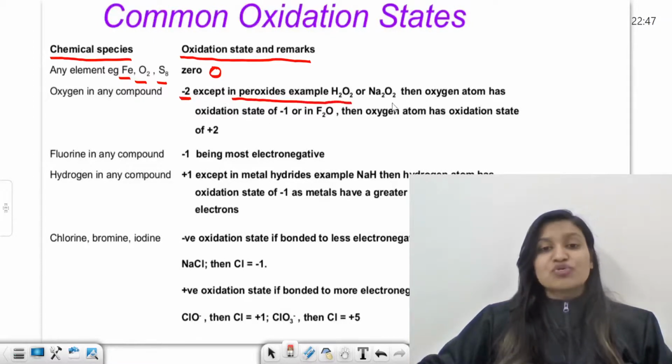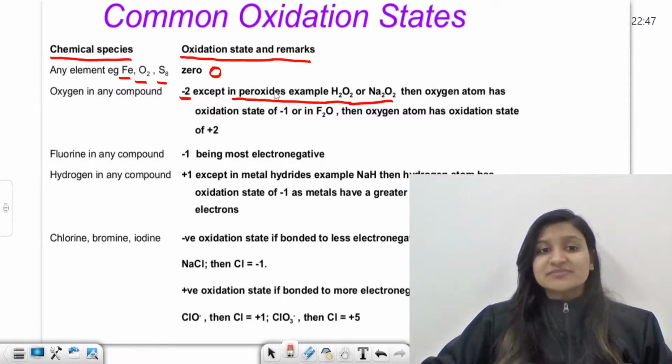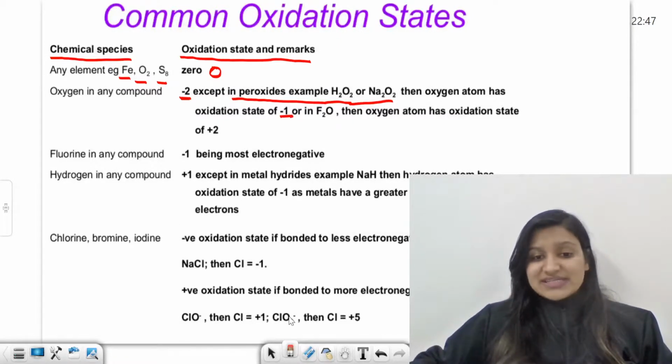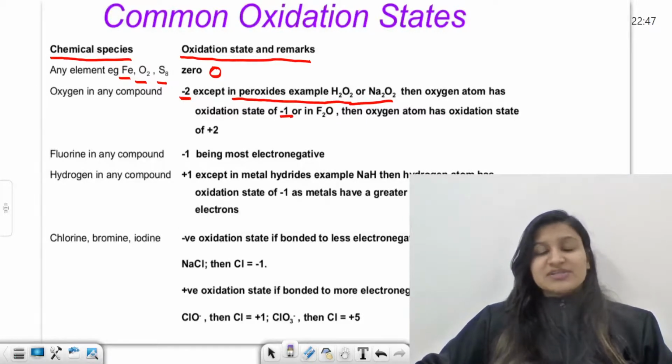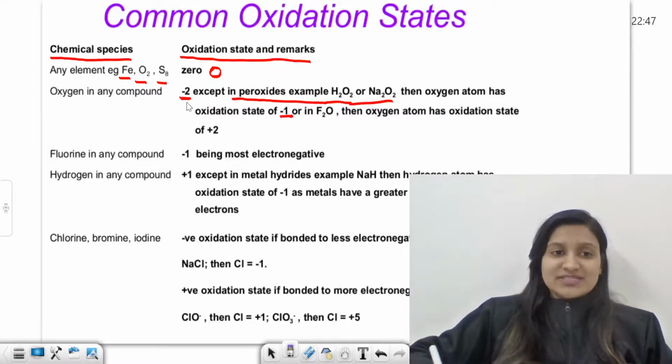Peroxides are H2O2, Na2O2, right? In hydrogen peroxide, the oxygen atom has an oxidation state of -1. So generally in every other case the oxidation state of oxygen is -2.